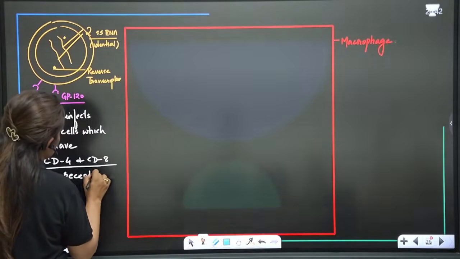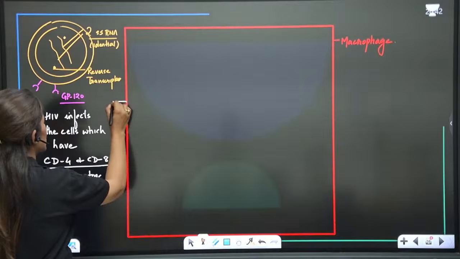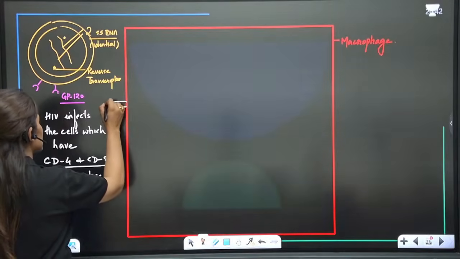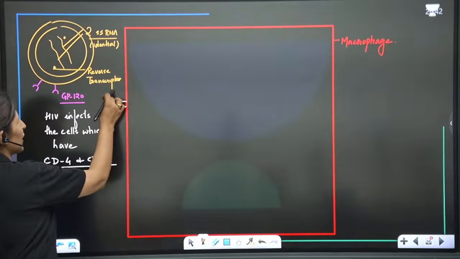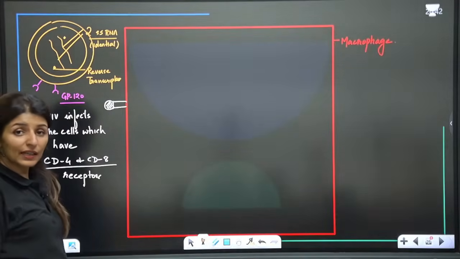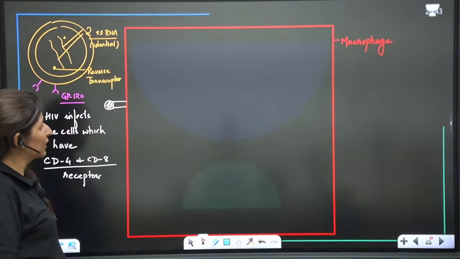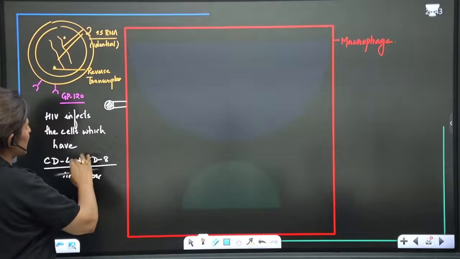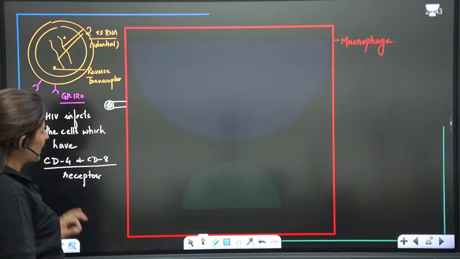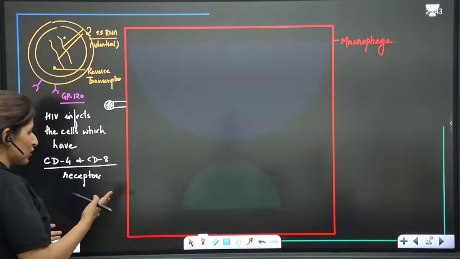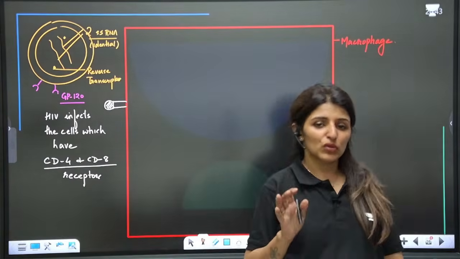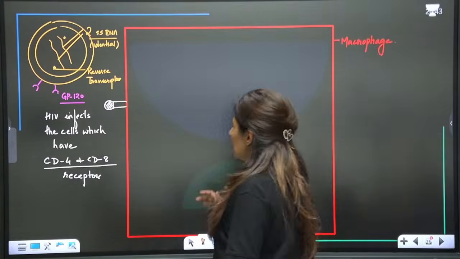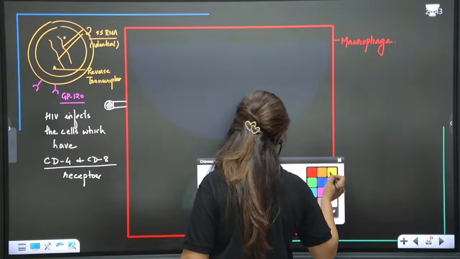So basically, the macrophage needs to have this CD4 or CD8 receptor, and this glycoprotein will go and bind with it, just like lock and key. Now you understand why we need CD4 receptors, and these receptors are present on macrophages and on lymphocytes. So these are the two most affected cells. Is that clear?